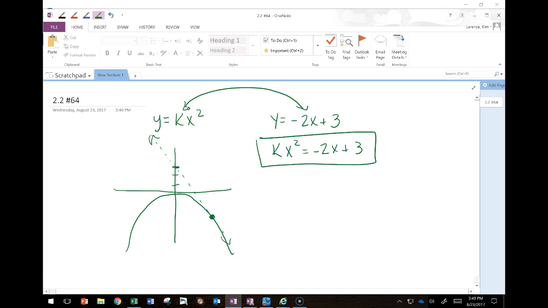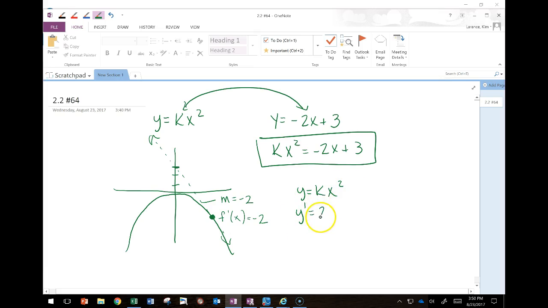Second step requires calculus. We know that the slope of this line is negative 2 based on the equation of the line. And so we know that f prime of x right here is negative 2. So let's find f prime of x. If y equals kx squared, then I'm going to use y prime instead of f prime of x.